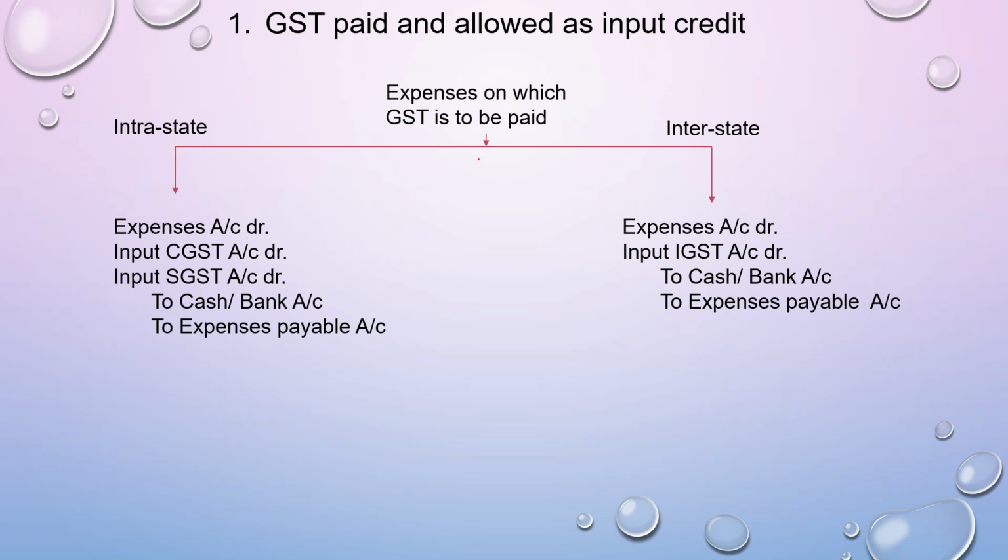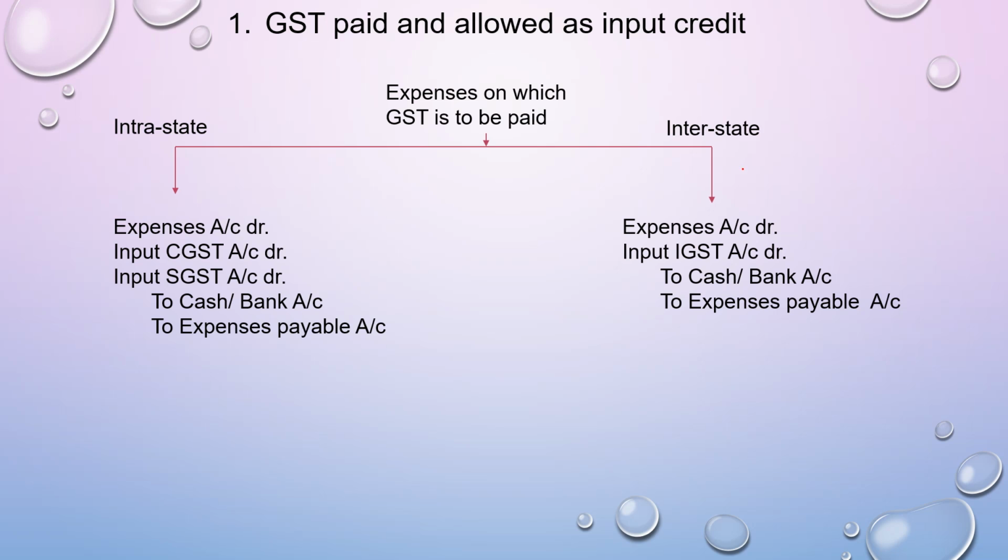Now moving further, in case of expenses, also GST might have to be paid. Under such circumstances, when GST has to be paid on the expenses, you pay the expenses and also GST on it. At that point of time, when the GST is allowed to be taken as input credit, then again we can split it into intrastate and interstate. If the expenses are being paid between two persons within the state, then again you would have the input CGST account debited and input SGST account debited.